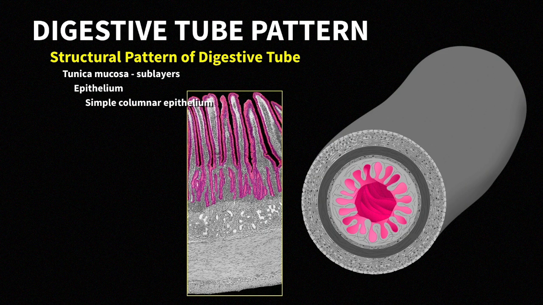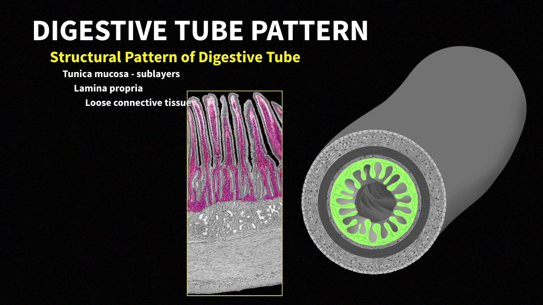This epithelium has a variety of cell types that perform functions from secretion to absorption to body defense surveillance. Beneath the epithelial layer is the lamina propria, a vascular loose connective tissue containing dense capillary networks of blood vessels and lymphatic vessels.